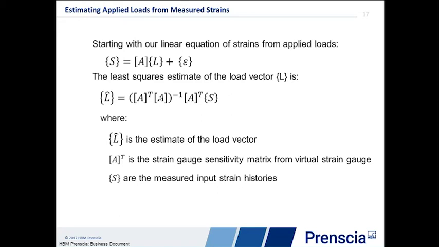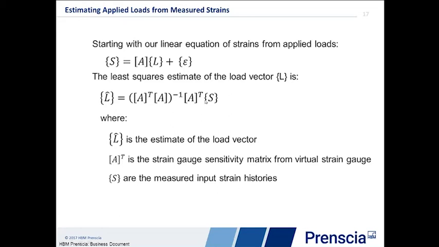Once I have a square matrix, I can go off and solve that directly. And so I now have a relationship from the strains, through this combination of calculations on the sensitivity matrix, to my loads. And you'll notice that the loads have this little cap on it. These are the load estimates. So again, the estimated loads from my measured strains.